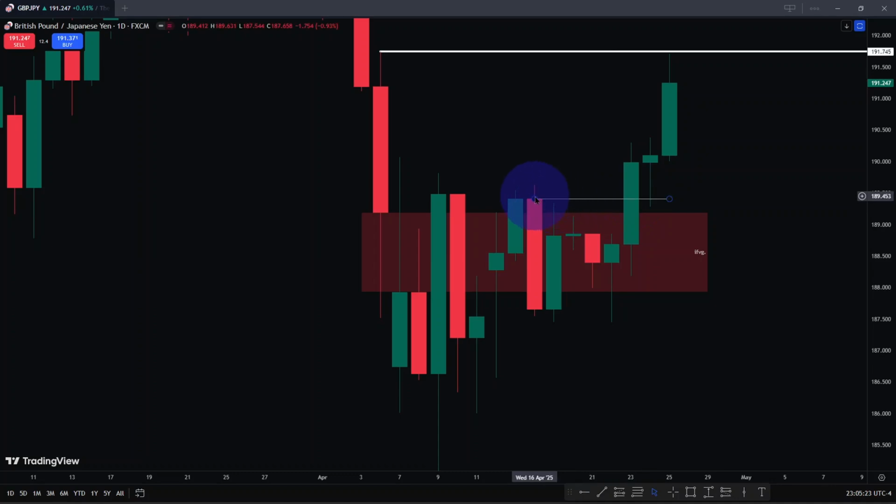But as soon as the market closes above the open of this candle, that's a change in the state of delivery. So you can see markets are utilizing resistance level here as support. Now, since the market met objective here at this fair value gap, they are likely to return into the range. And the market did that into this key level. So this is a buy, right?